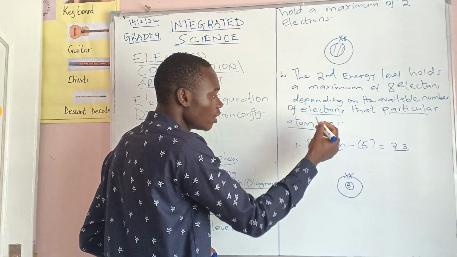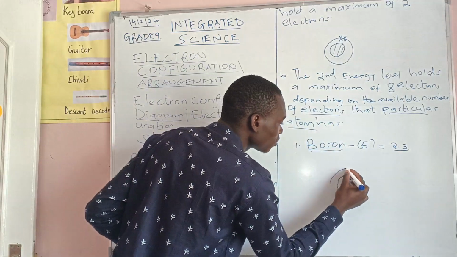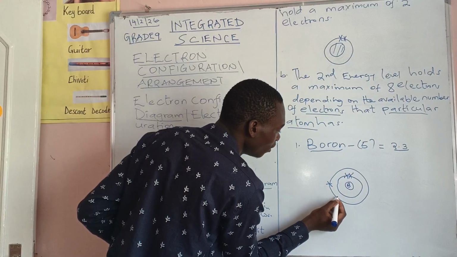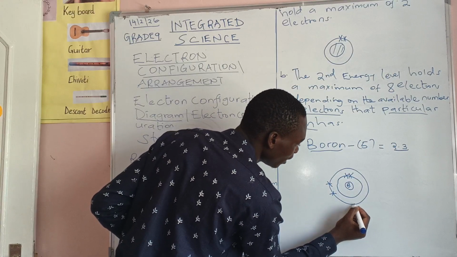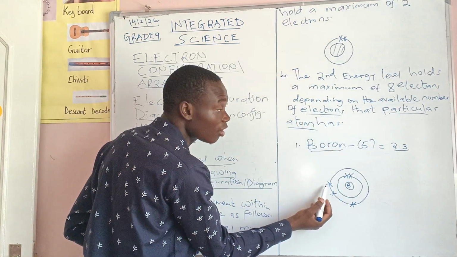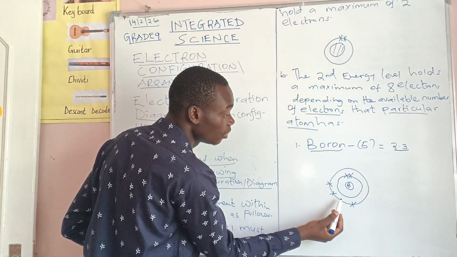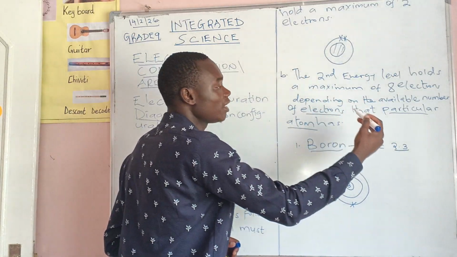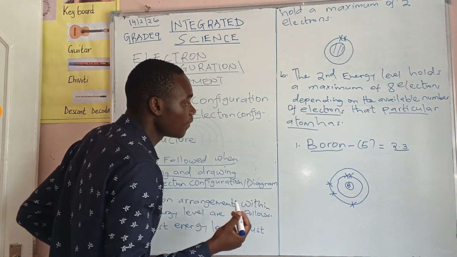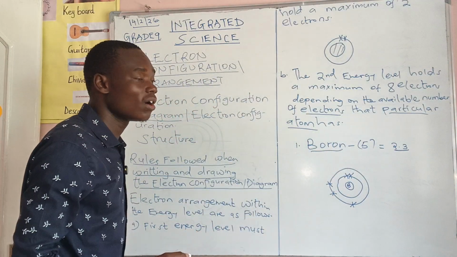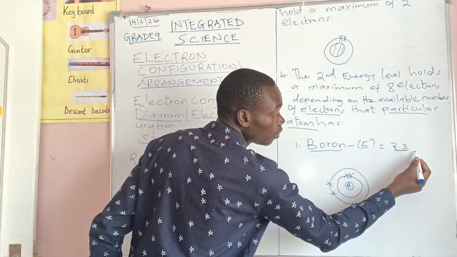So as we draw the second energy level, it will have only 3. 2 and then 3. So we have how many in the second energy level? 1, 2, 3. So that is the electron arrangement of boron. It is 2 to 3.